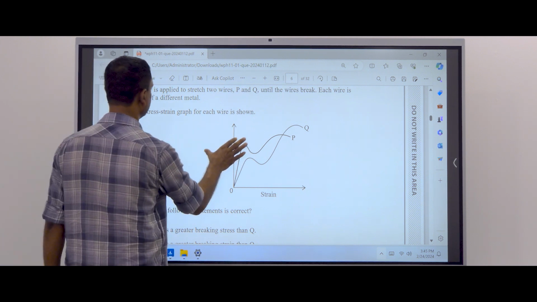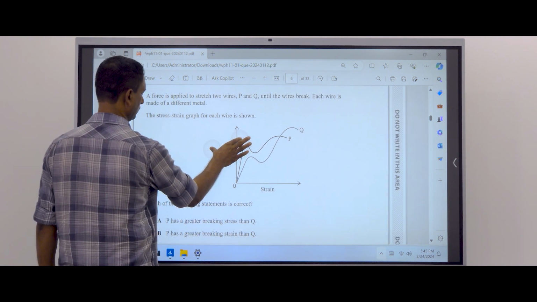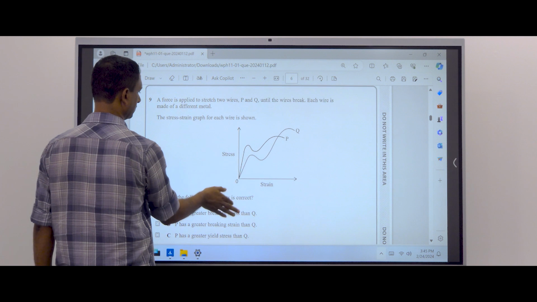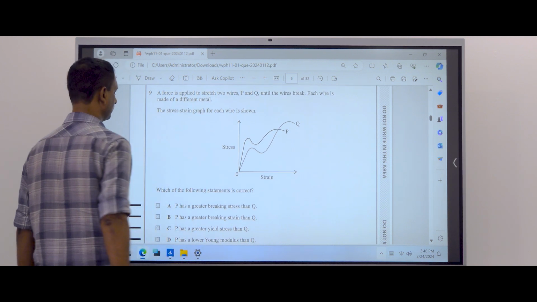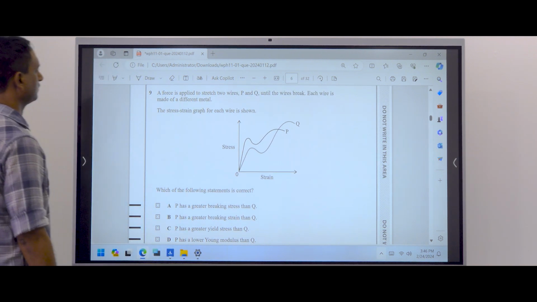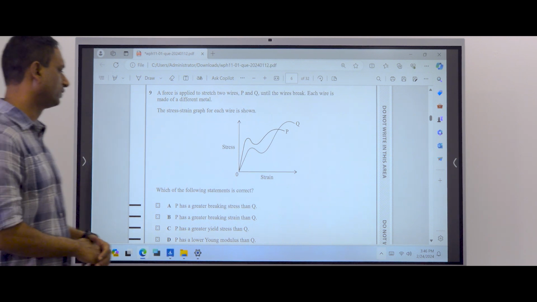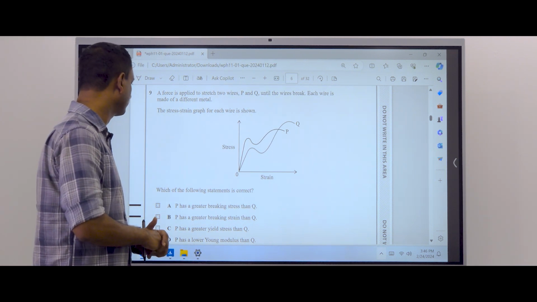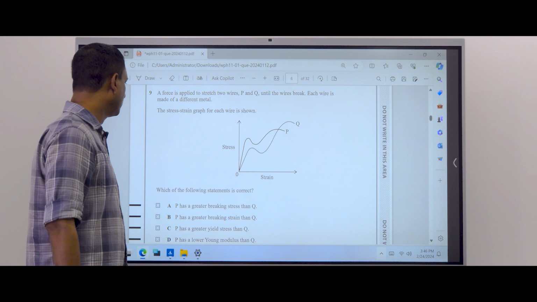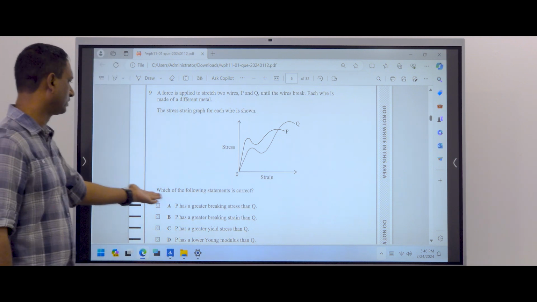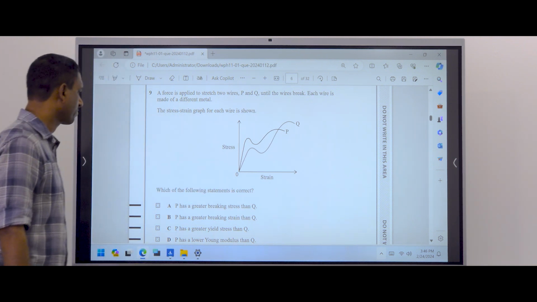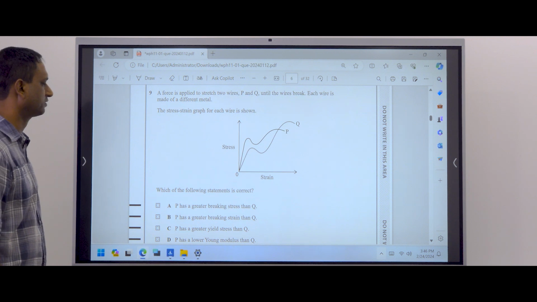Force is applied to two wires. Stress strain graphs for two wires are drawn. Which statement is correct? P has greater breaking stress.